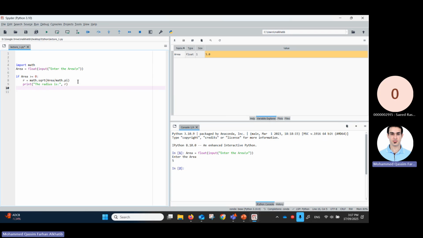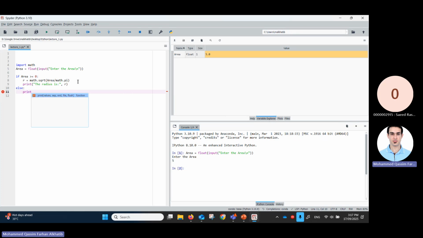Concatenation is to put a comma and you put the value R. If you are done and you want to include the other possibility where area could be negative, so you should say else. And notice the moment I put the colon, it automatically went back to the beginning of the line. It shows that now I'm no longer writing statements for the correct case of the if condition. Now I'm going to consider the other possibility, the else.